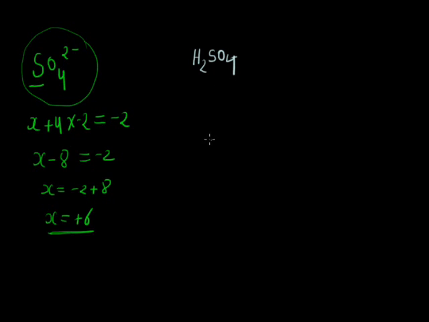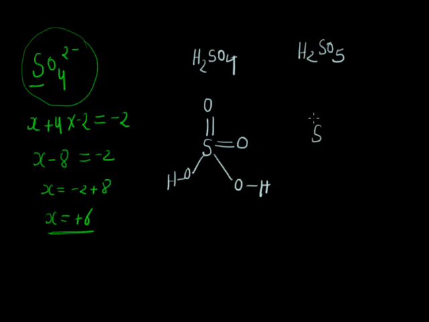If you draw the structure of H2SO4, that will be S with OH, since its basicity is 2, so that will be the structure of H2SO4. But in the case of H2SO5, one oxygen is extra, so the structure becomes this type. This is the structure of H2SO5.